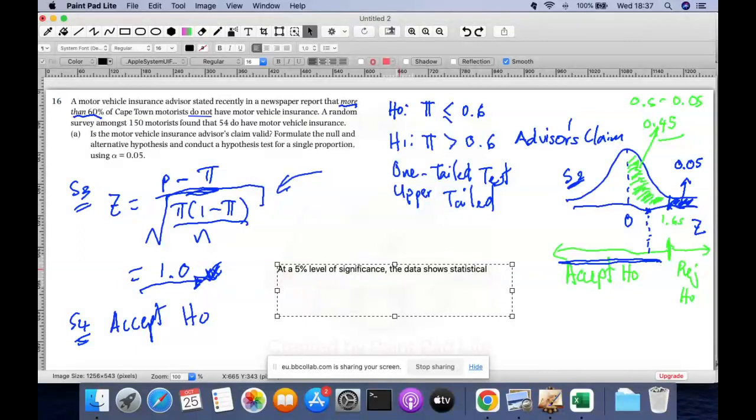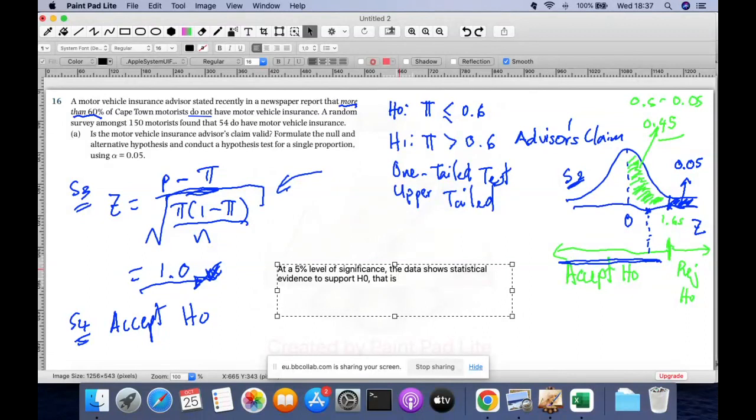You just got to change it up depending on the problem if you want. The data shows statistical evidence to support, and remember we're accepting H naught, so it supports H naught. And what is H naught? We're saying that the percent that do not have insurance is less than or equal to 60%.